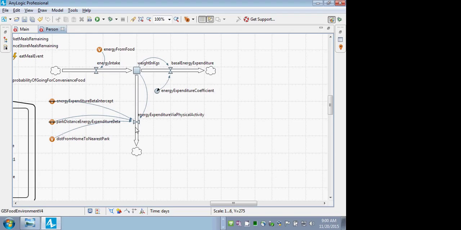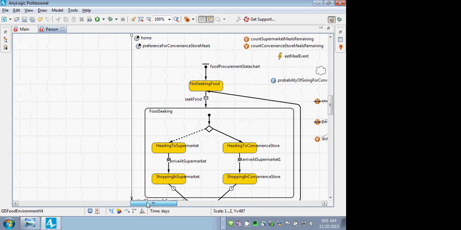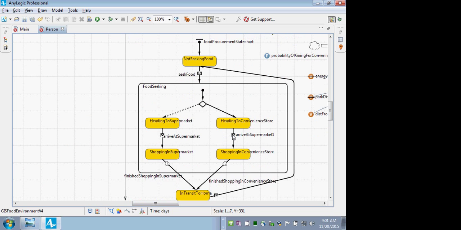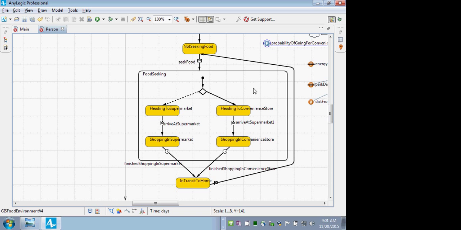And of course, these individuals were affected in their food seeking by their preferences for going to convenience stores as well as the distance to convenience stores. This probability of going to a convenience store that we put in depended on a consideration of distances as well as preferences.